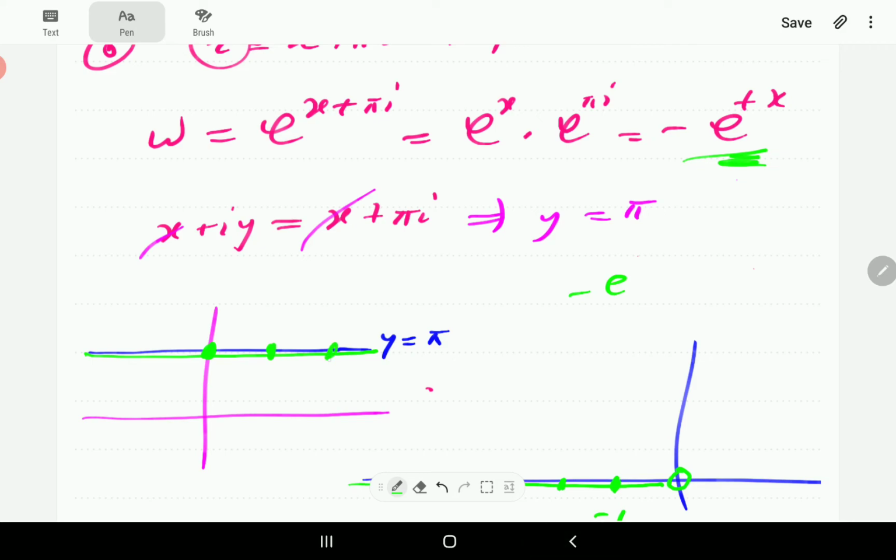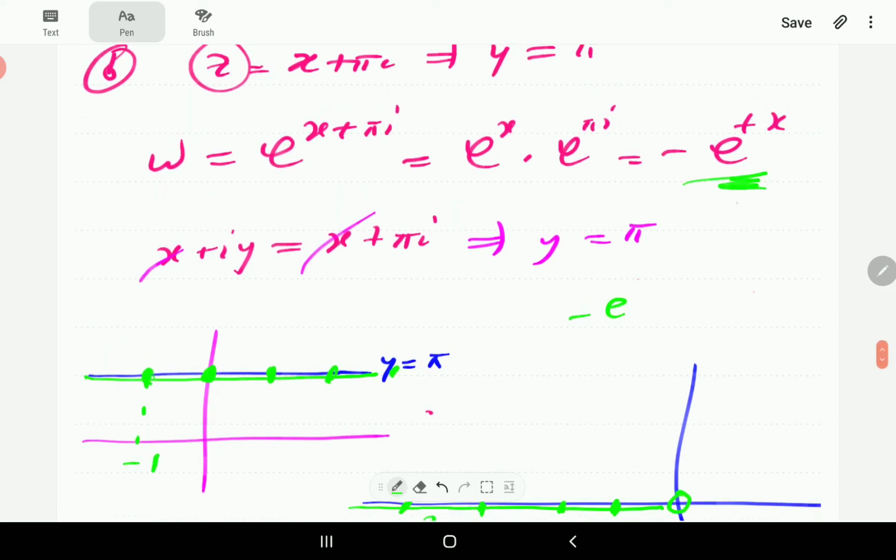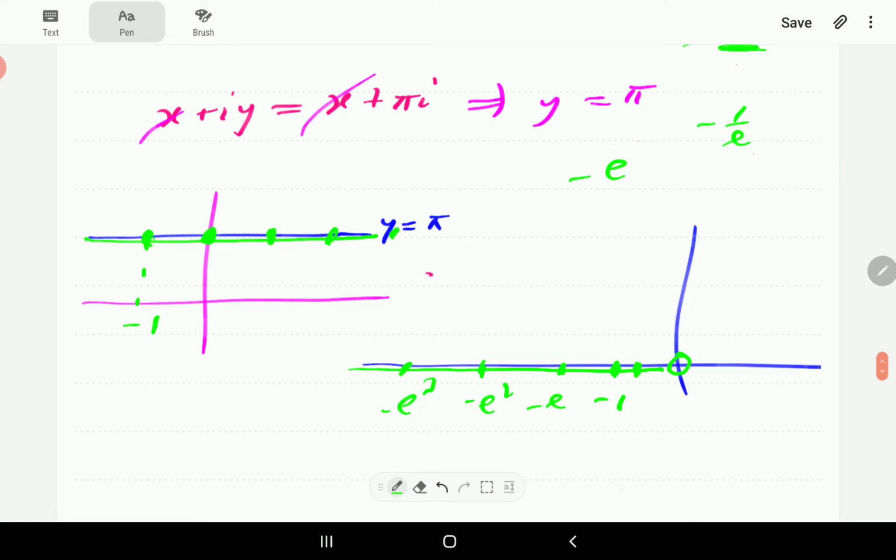And then when x is 2, that is going to give us -e squared. When x is 3, it's going to give us -e cubed, etc. Then when you go this side, when x is -1, this is going to be now the reciprocal. So it's going to be less than 1. So that's going to go somewhere there, -1 over e. When x is -2, then it's going to be -1 over e squared.